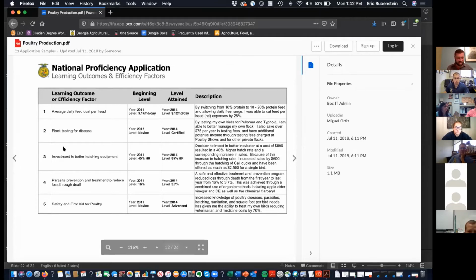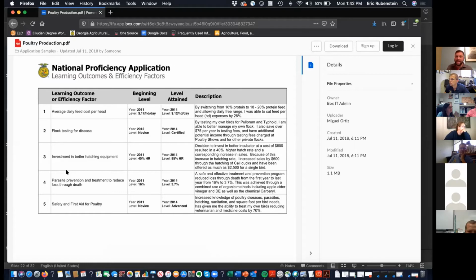The last thing, and then we're going to do a couple of questions because I think we're about 3 minutes from our break time, is thinking about what those efficiency factors and learning outcomes are. There are lots of places you can search online for efficiency factors for this type of project. There are a lot of things we can look at to calculate some of those.